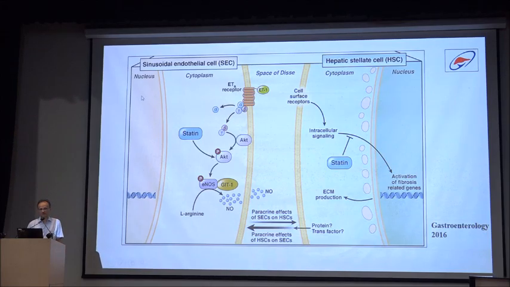But it is also important to note that when it binds to the ETB receptor, it causes vasodilatation by phosphorylating AKT, and statin increases the phosphorylation of AKT, and subsequently increases phosphorylation of eNOS, thereby increasing the production of nitric oxide and bringing about vasodilatation. Also, they act on the stellate cells, where they inhibit the activation of various fibrosis-related genes and ultimately cause favorable effects in portal hypertension.